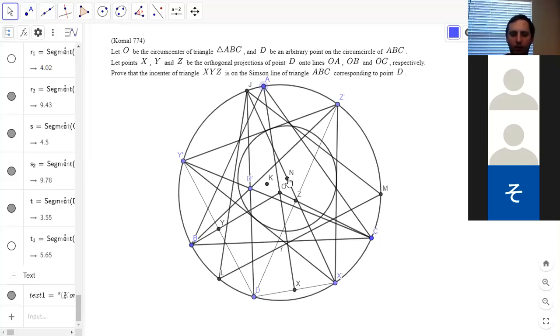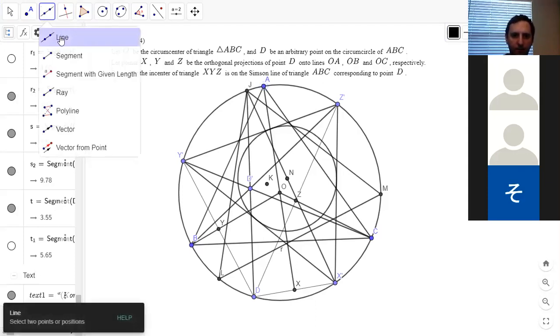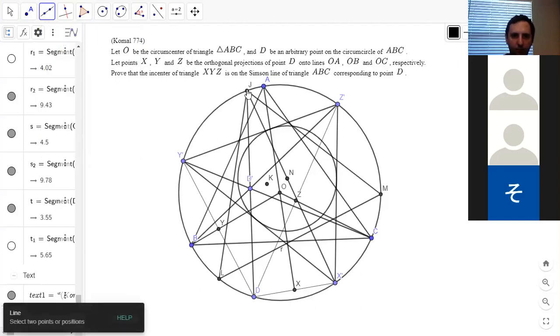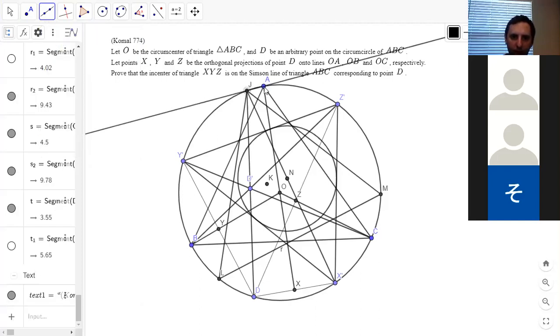So those two orthocenters, basically by symmetry KN should be parallel to AJ.